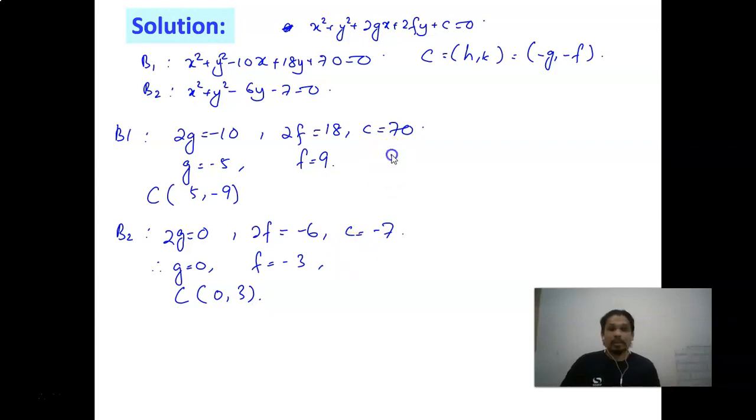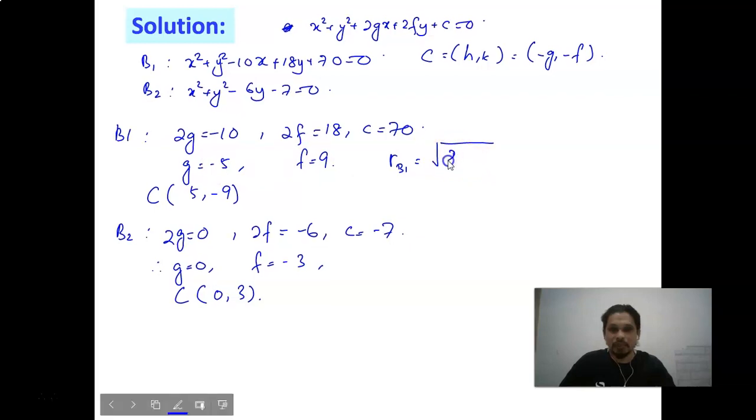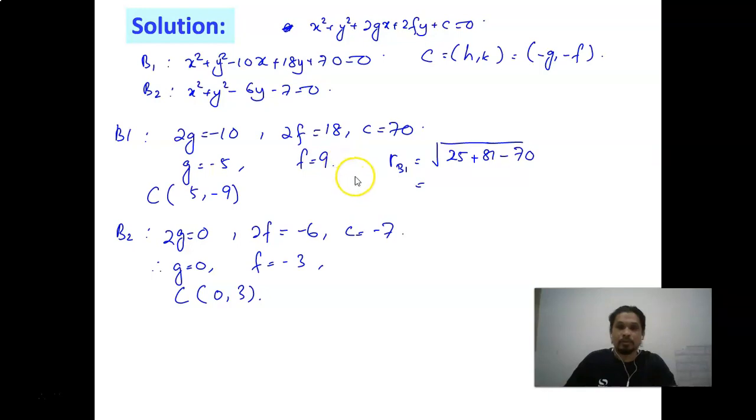Okay, now the radius of B1 equals the square root of g squared, which is negative 5 squared, equal to 25, plus f squared, equal to 9 squared, equal to 81, minus c, which is 70. So 25 plus 81 minus 70 equals the square root of 36, so the radius is 6.